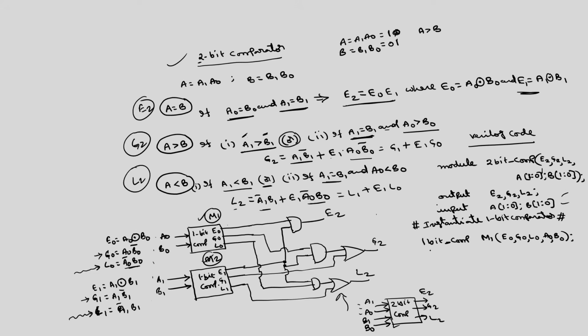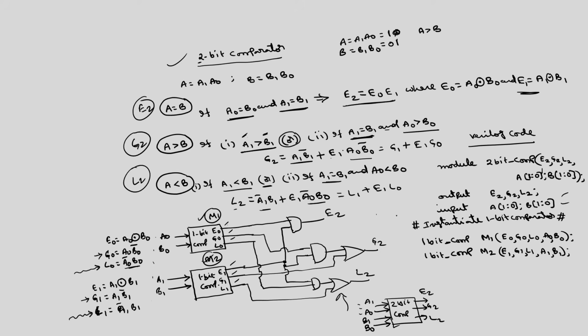Then you have to write another 1-bit comparator, M2. The outputs are E1, G1, L1, comma, A1, comma, B1. Of course, you have to define E0, G0, L0, E1, G1, L1 as wires.